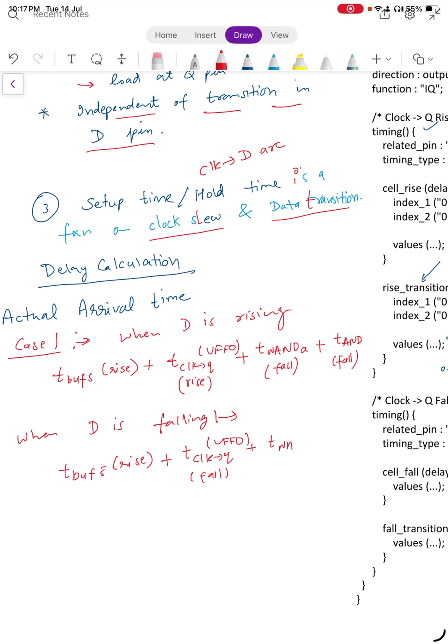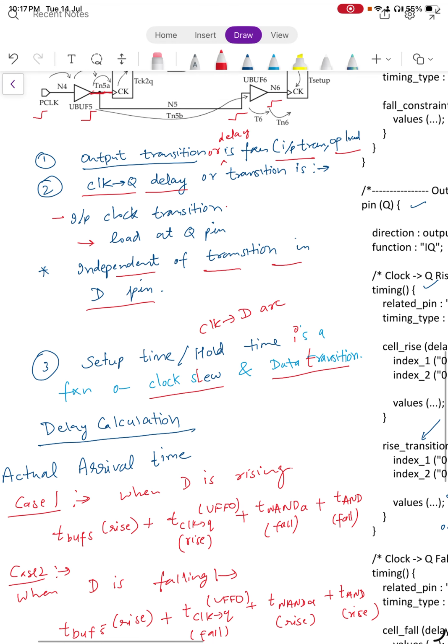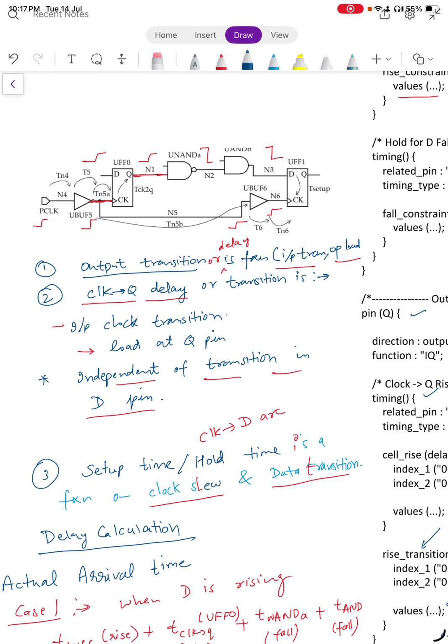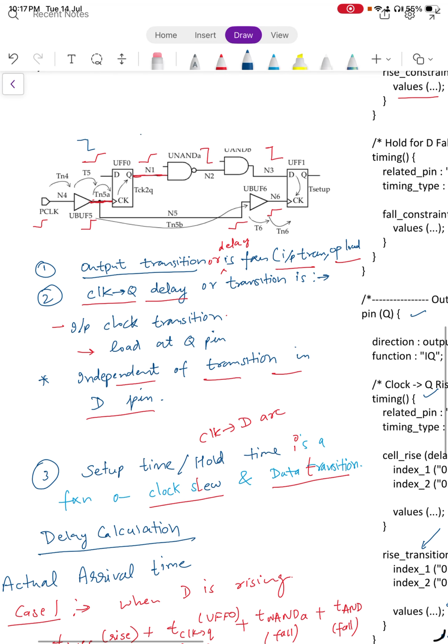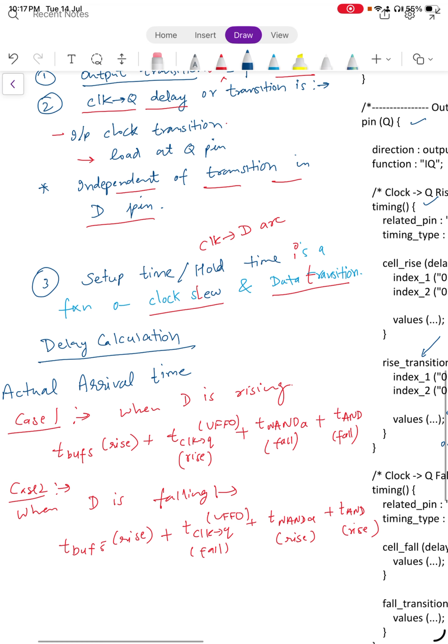Then T NAND A is a rise and T and is again a rise. So this is case 2, with D falling, Q falling, the NAND output rising, and the AND output rising. This is how the equations are written for the two cases.